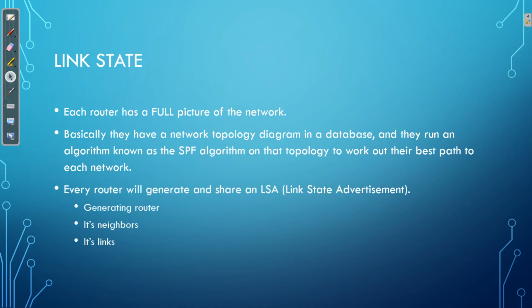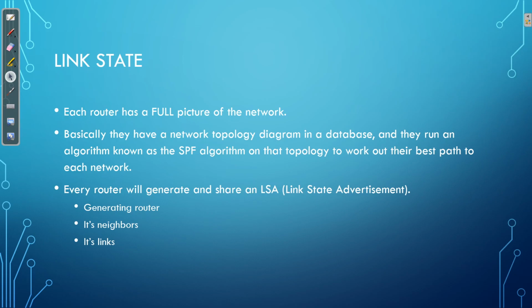Now, to build this picture of what the network looks like, essentially our devices will exchange something known as LSAs. So LSAs, which stand for link state advertisements, include essentially three pieces of information. Obviously it's going to include some sort of identifier for who generated the LSA, so it will identify the router which generated this LSA so that we know who he is.